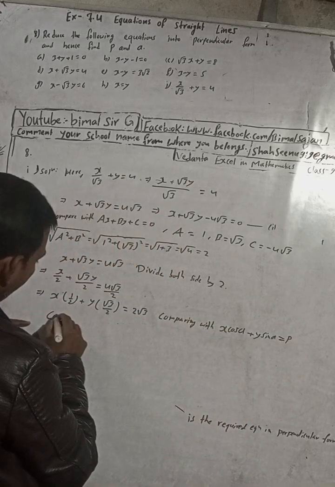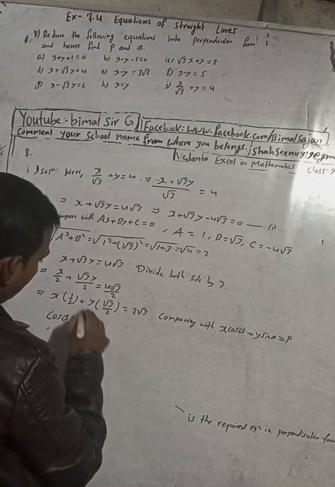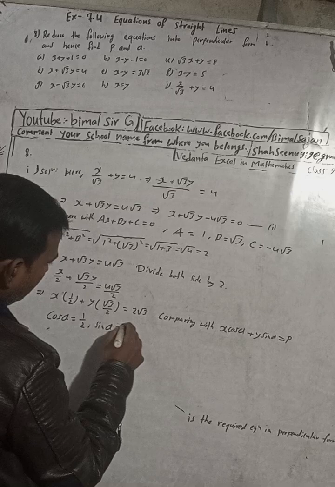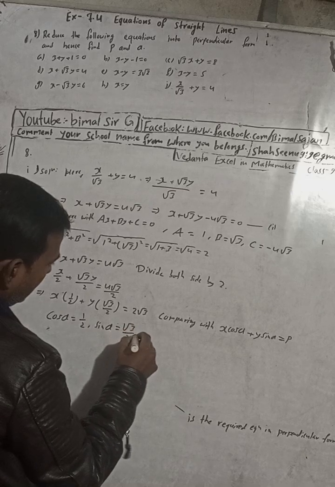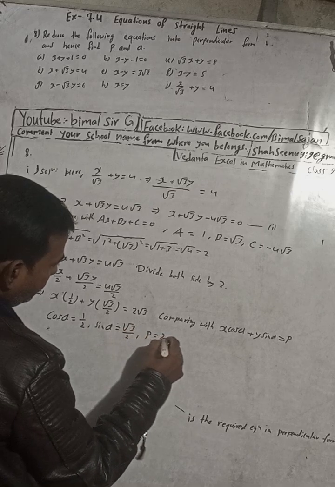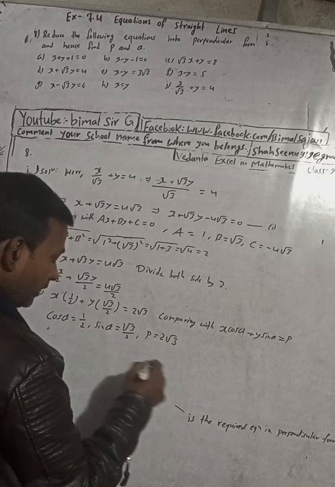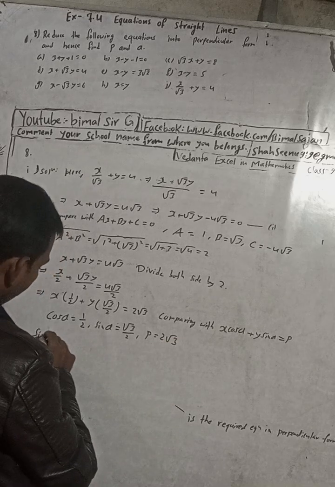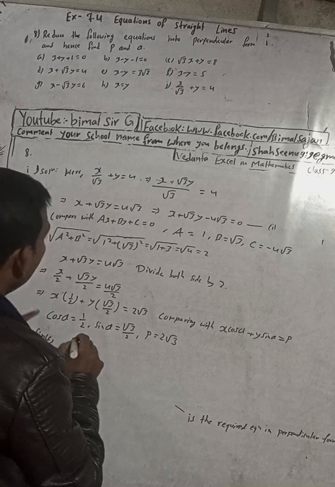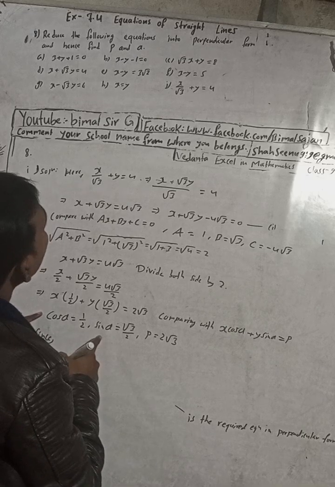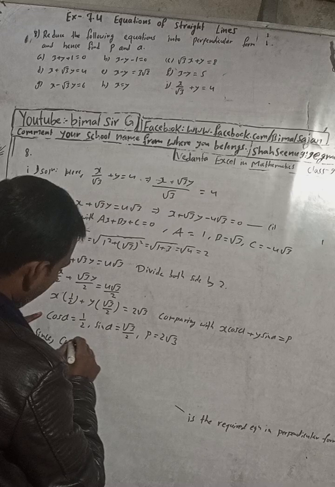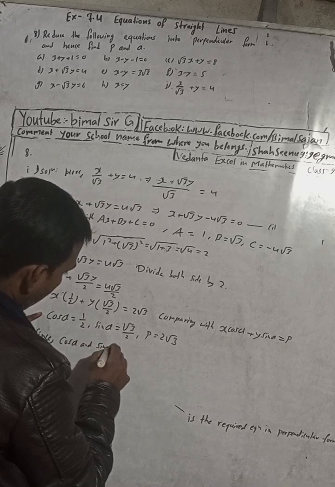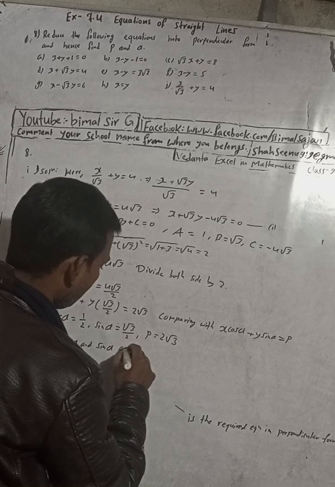Cos alpha is equal to 1 by 2 and sin alpha is root 3 by 2, right? And p is equal to 2 root 3. Now what we can do here, since both are positive, cos alpha and sin alpha.